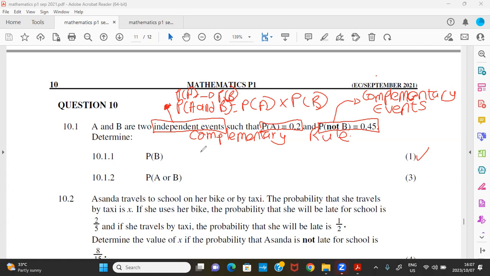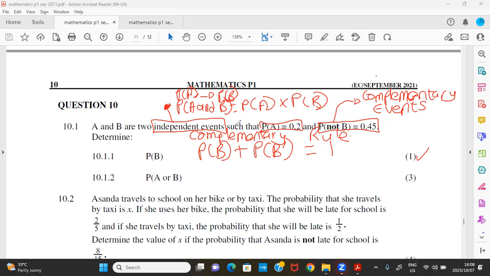It tells us that the probability of B plus the probability of not B is equal to 1. So basically the probability of B happening plus the probability of B not happening is equal to 1.